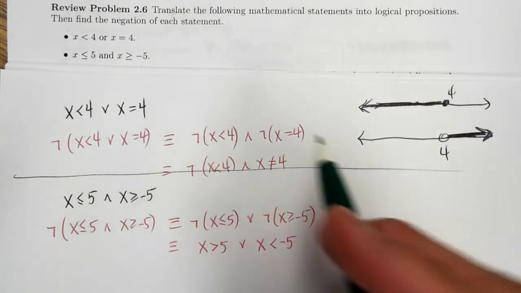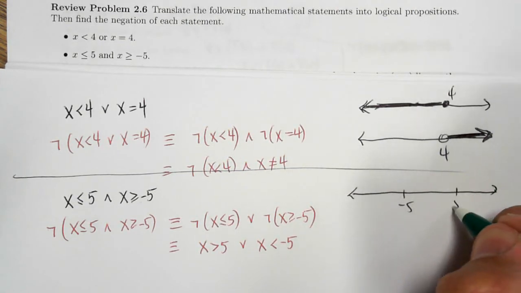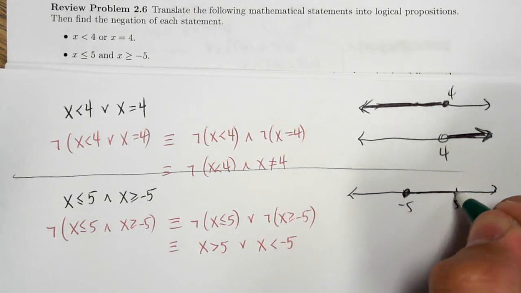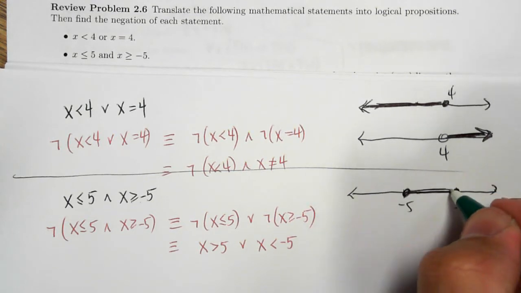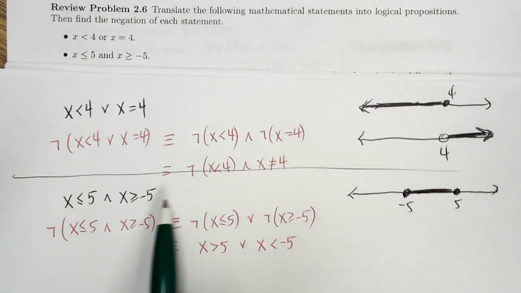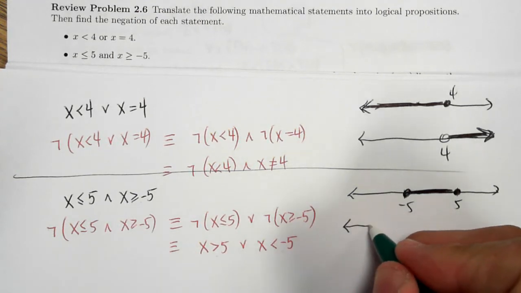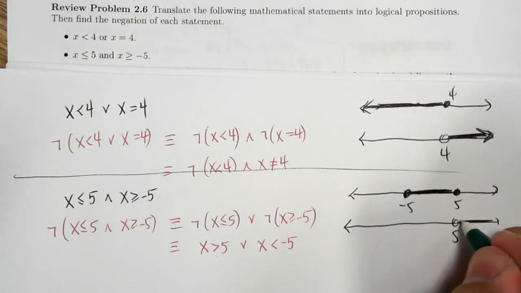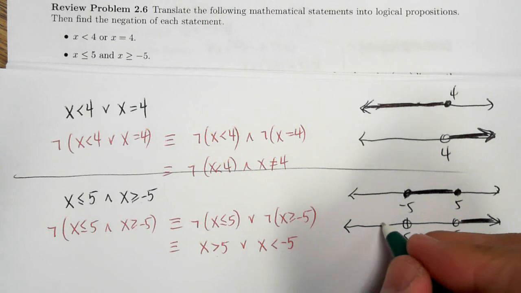The first part here on the number line, if I were to plot negative 5 and plus 5, that would be all the points that are in between negative 5 and plus 5, including the endpoints. So the first set of inequalities would be this. The negation would be everything that's to the right of 5, or everything that's to the left of negative 5.